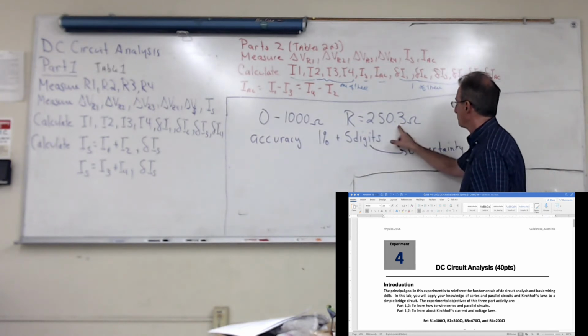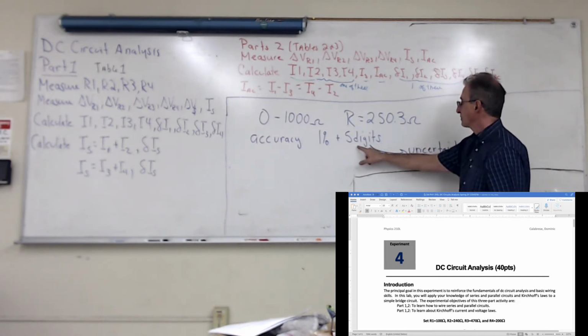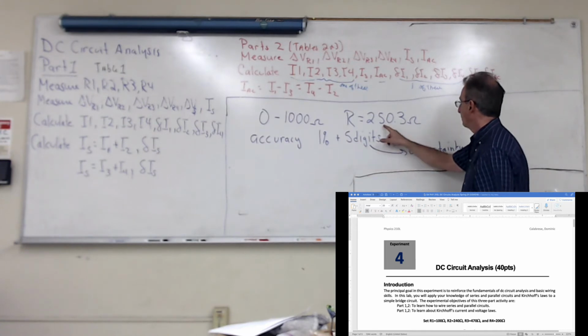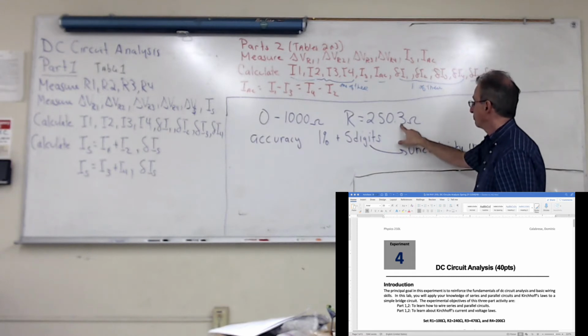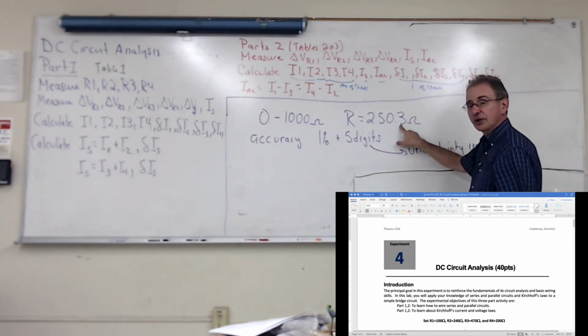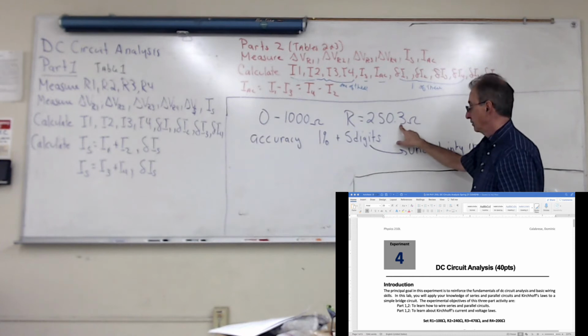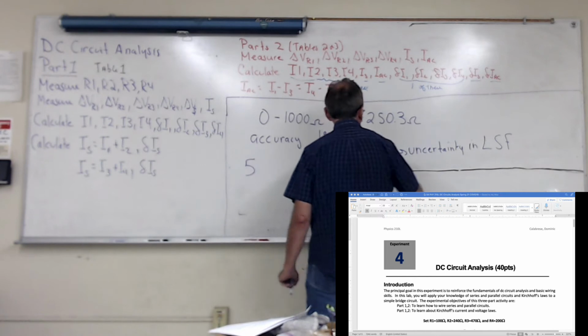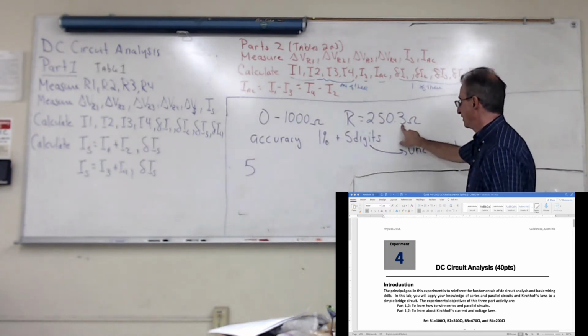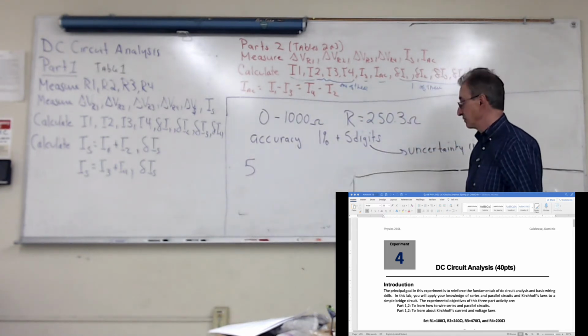So if this is the measurement, the manual is telling me that this last digit can vary by 5. So this can be 0.8, so my value can range between 249.8 and 250.8. So I have an uncertainty due to the fluctuation of that last digit by 5 values.